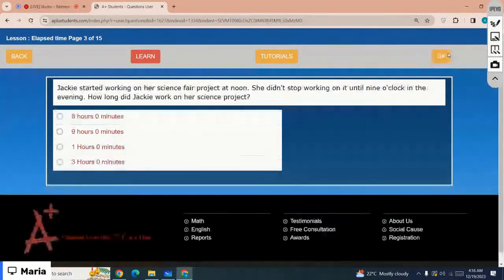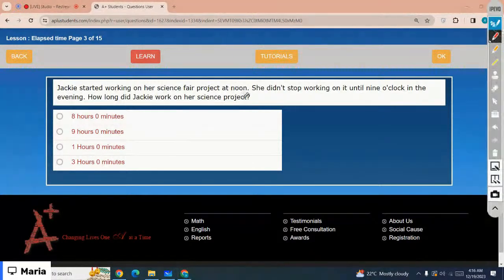Okay, the next one is Jackie started working on her science project at noon. She didn't stop working on it until 9 o'clock in the evening. How long did Jackie work on her science project? So, which is the correct option? She started at noon, right? Noon means 12 o'clock, 12 p.m. That means the start time is 12 p.m. And she didn't stop working until 9 o'clock.